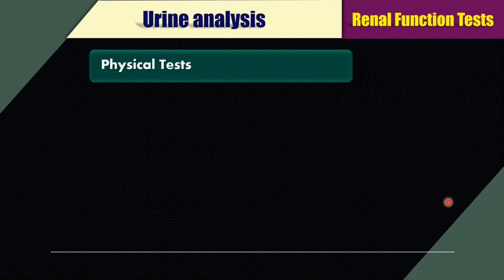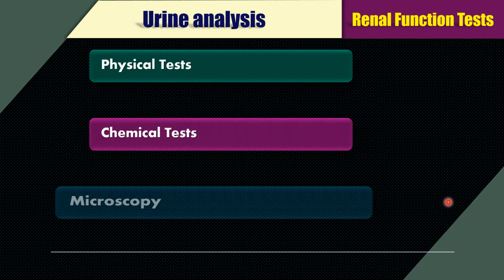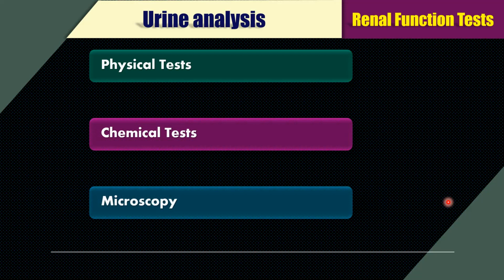First we will see what tests are done under examination of the urine. Urine analysis could be grouped under three categories of tests. The physical characteristics of the urine, that is physical test, tests done in the laboratory, that is chemical test, and also we can study the urine under the microscope, that is microscopic examination.